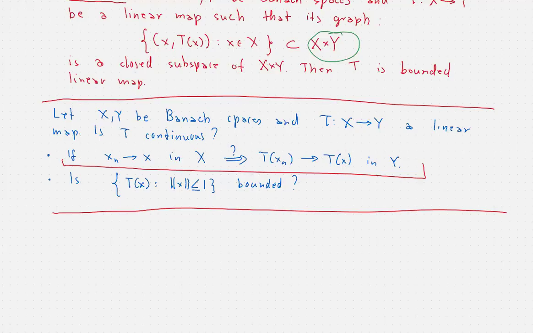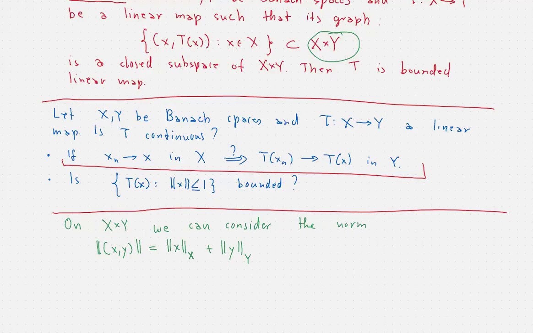So on x times y, we can consider the norm. If we have a pair (x, y) in this space, then its norm can be taken to be the sum of the norm of x in the space x, so that's why I'm putting this subscript x to show that this norm is taken in x, plus the norm in y. And the truth is that this is one of an infinite number of equivalent norms that we can consider.